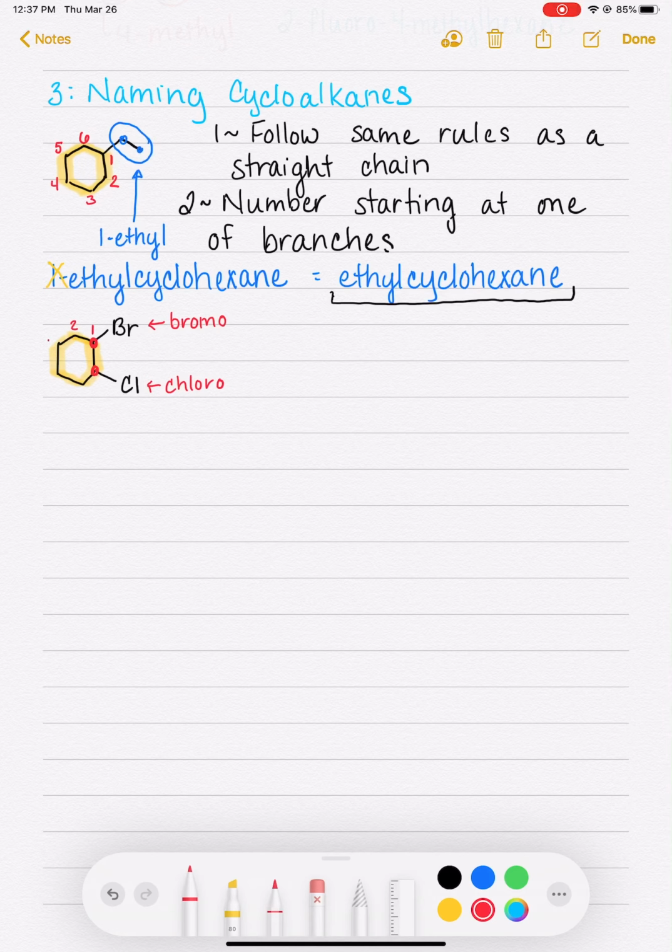We could number this way around the ring, or we could number the other way around the ring. Our goal is to put the smallest possible set of numbers onto our substituents. So we do want to number it like the way it's being shown right now, so that bromine and chlorine both have the littlest possible numbers.